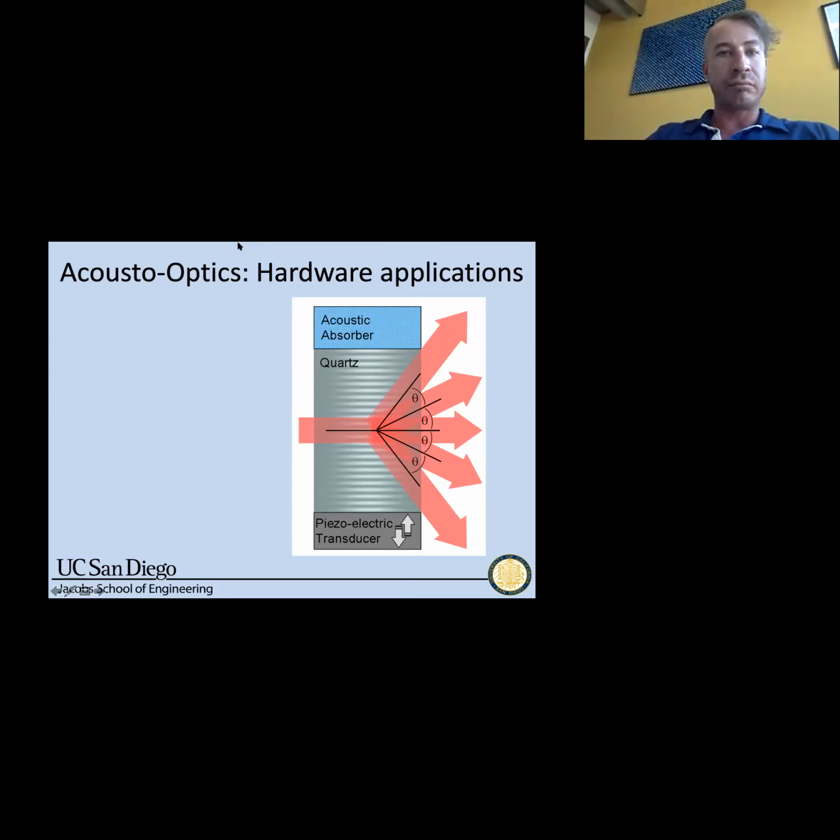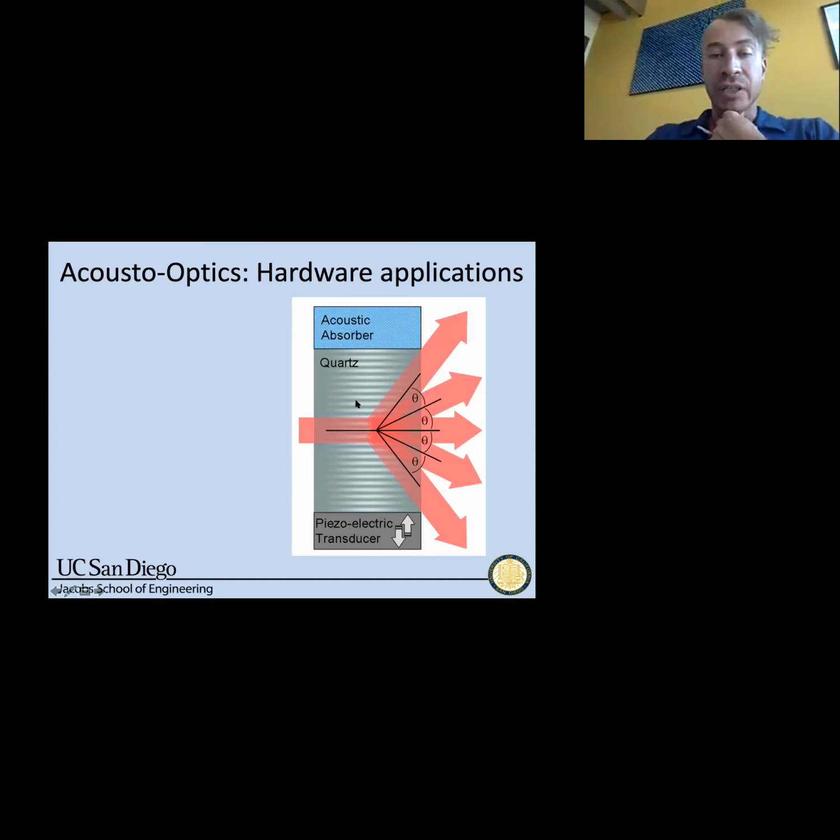One kind of success in acousto-optics is some pieces of hardware. Imagine you have a piece of a medium like quartz and a piezoelectric transducer; we'll talk about this a little more if you're not familiar with it.